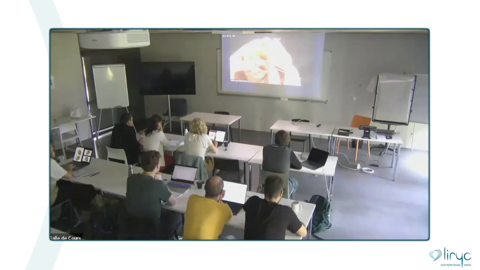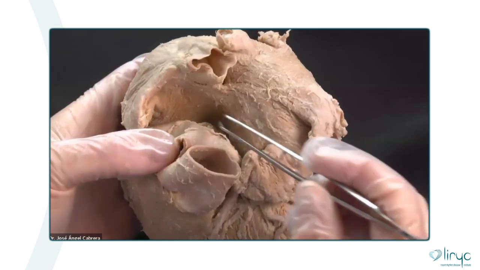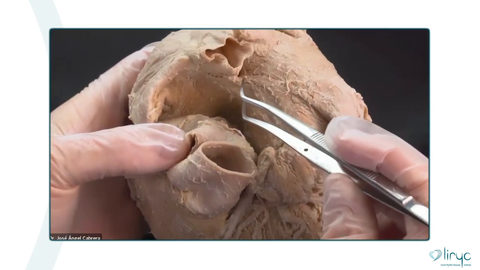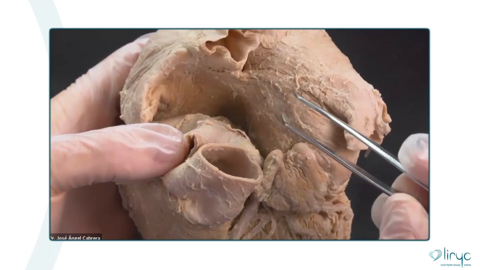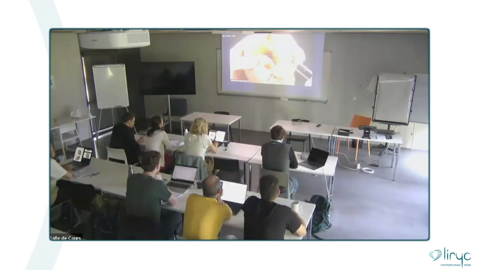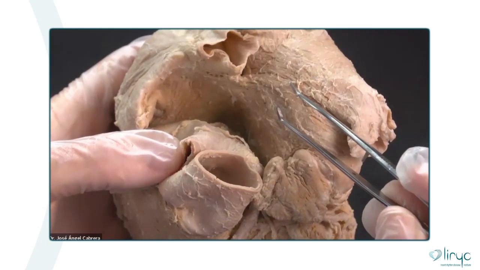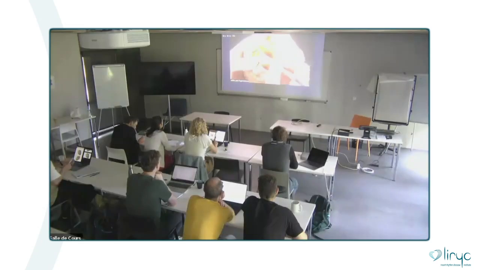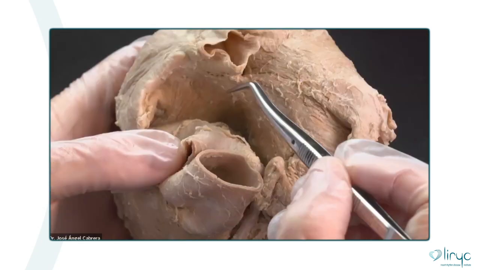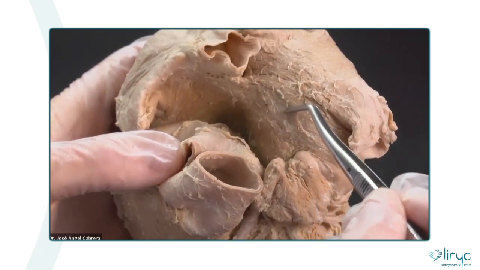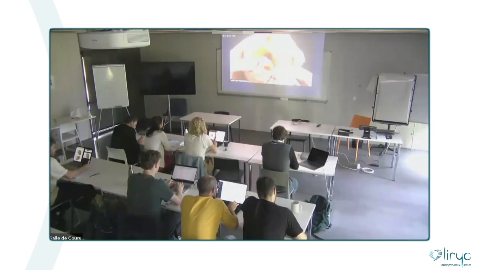The transverse sinus of the pericardium contains this muscle from the right to the left atrium. This is the so-called Bachmann bundle. The Bachmann bundle is the more important interatrial connection between both atria.